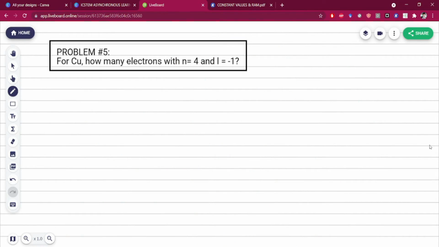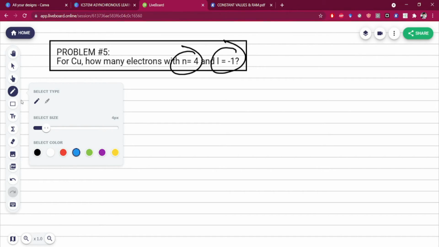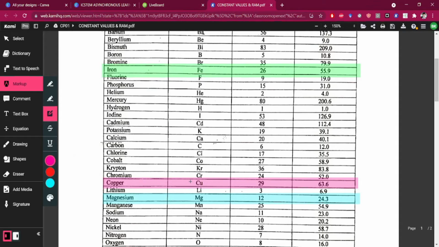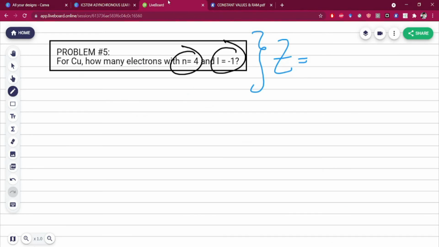Now, what about copper? How many electrons with this time n equals to 4, l equals to -1? Copper, the proton number for copper here is 29. Okay, so you have 29. Therefore, the electron number will be 29.